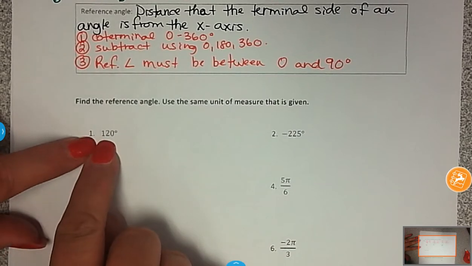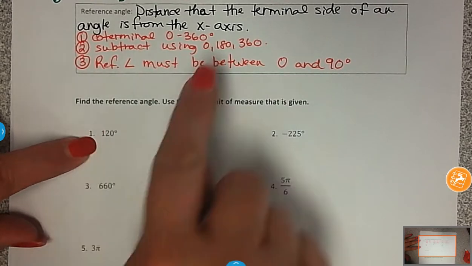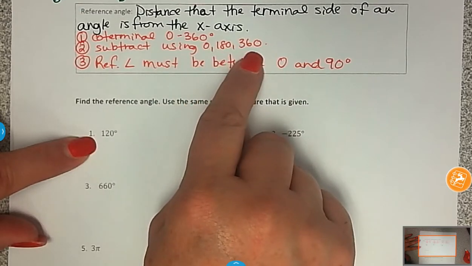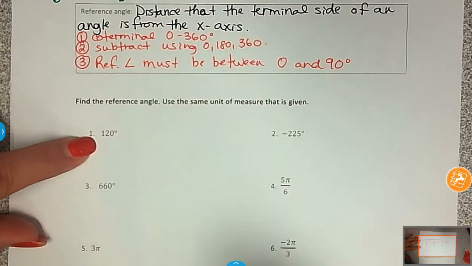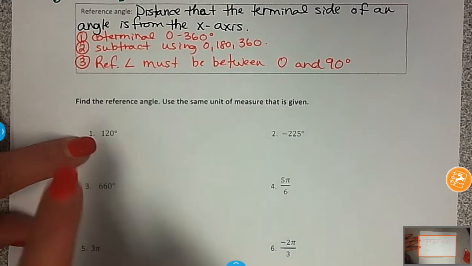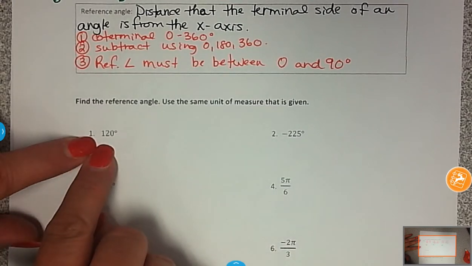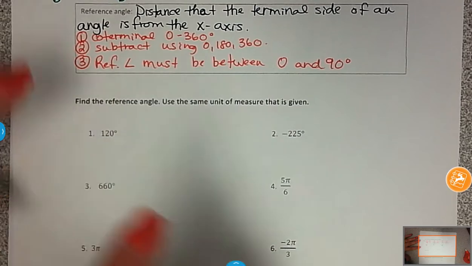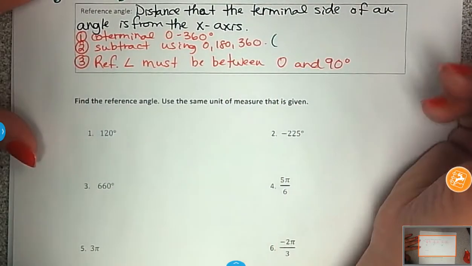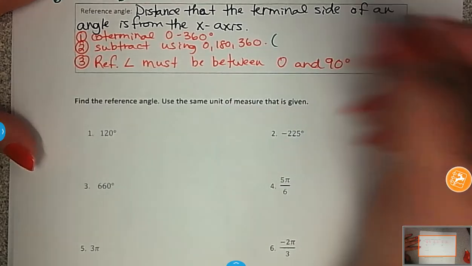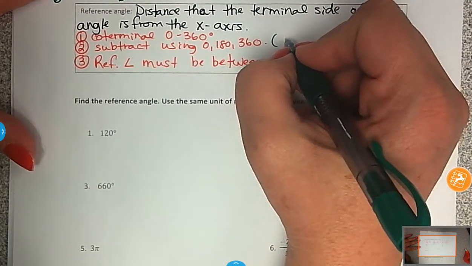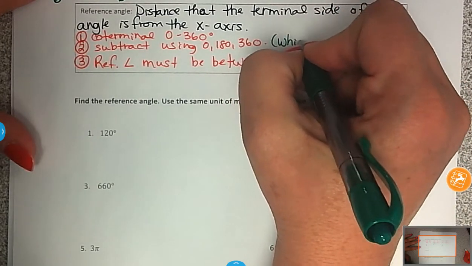Then I'm going to have to subtract using either 0, 180, or 360. Well, how do I know which one to use? Which one is 120 closest to? 0, 180, or 360? Well, it's closest to 180. So when you subtract, you're going to use whichever is closest.